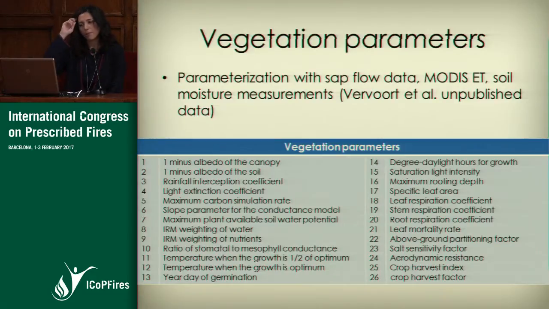Now, the vegetation parameters that we need for the model are 26 parameters. I'm not going to go through all of these. Some of these, after sensitivity analysis, came out more important than others. We use information from the literature or from a calibration work that a colleague has done to use the appropriate parameters for a forest type.